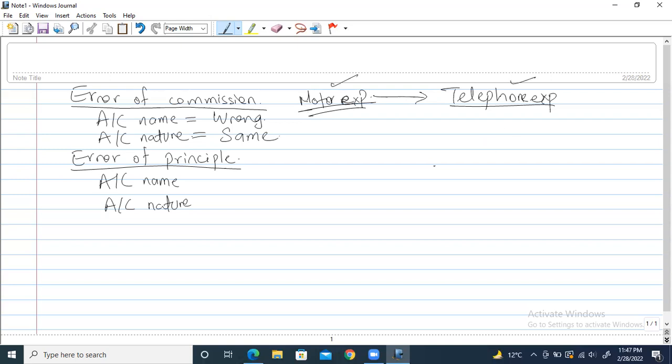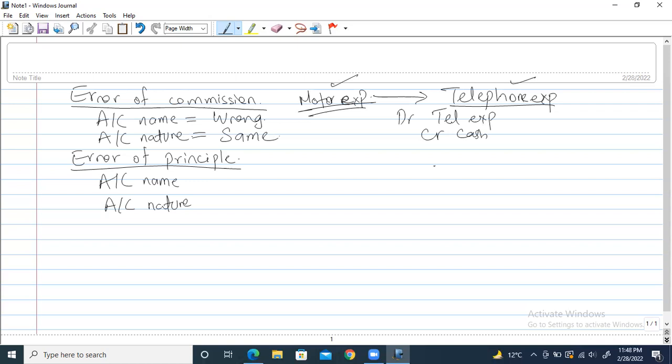That means the treatment will be the same, right? My accountant will have done debit telephone expense and credit cash instead of debit motor expense, credit cash. But you see, the debit and credit are the same, because both accounts have the same nature.